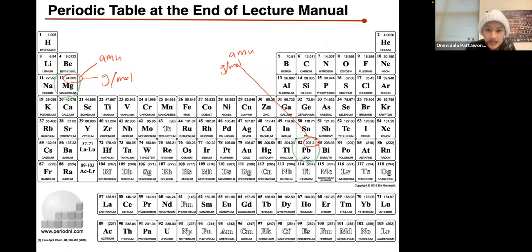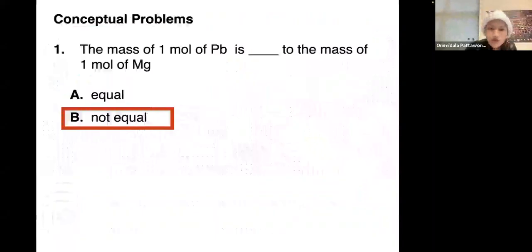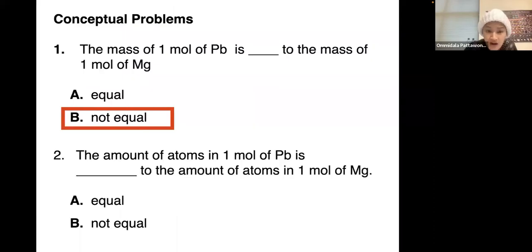You probably notice that lead is a lot heavier than magnesium. So that means, if we go back to this slide right here, the mass of 1 mole of lead will not be equal to the mass of 1 mole of magnesium. What about the amount of atoms then? Would they both have the same amount?